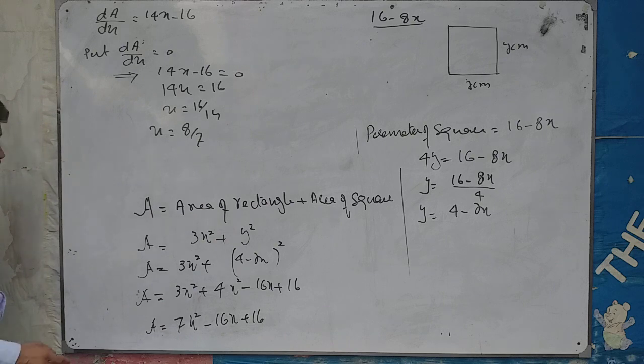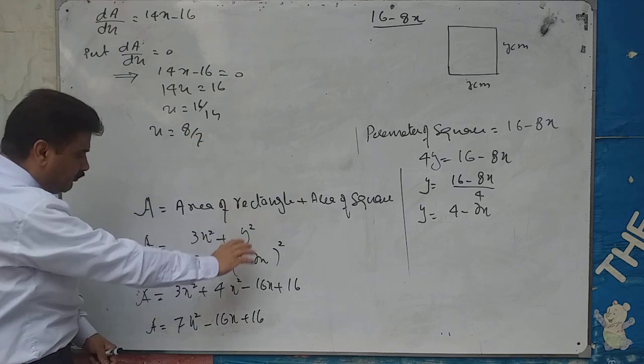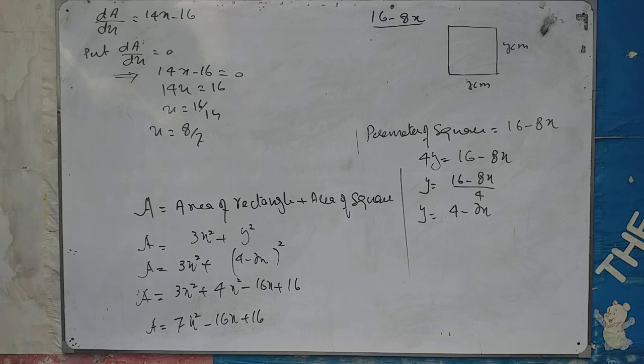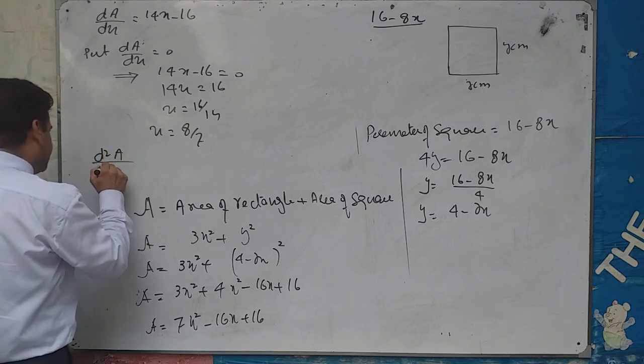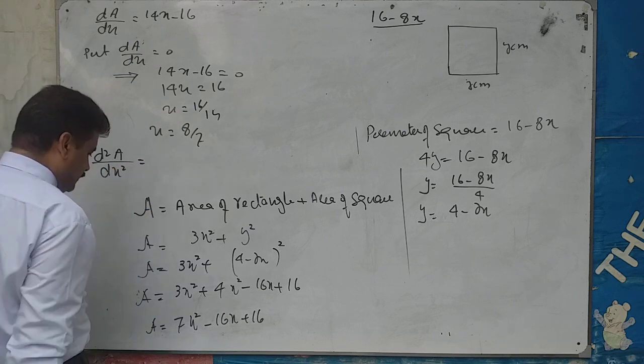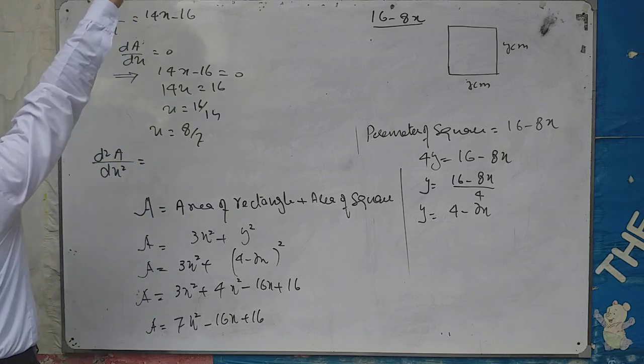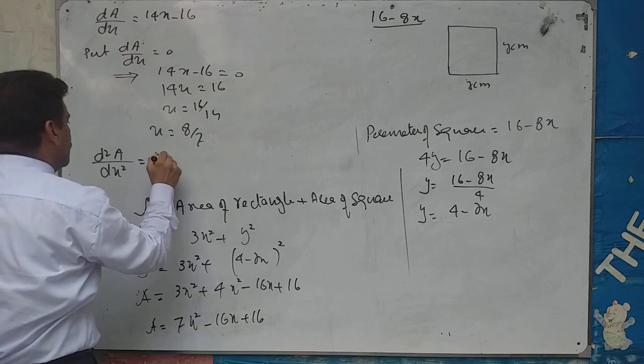We will check whether the value of x is maximum or minimum. To check its nature, we have to find the second order derivative of A, d2A by dx square, which is only 14.